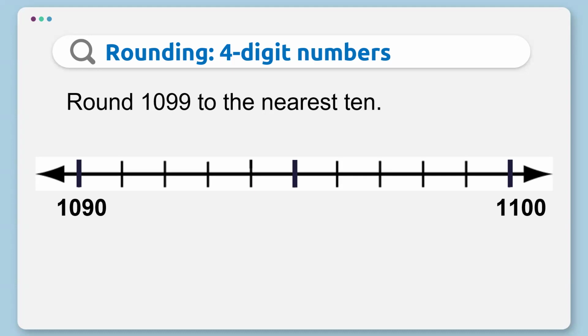Where in this number line does 1,099 fall? It will be right here. So, is it closer to 1,090 or 1,100? It is closer to 1,100. So when we round 1,099 to the nearest 10, the answer is 1,100.